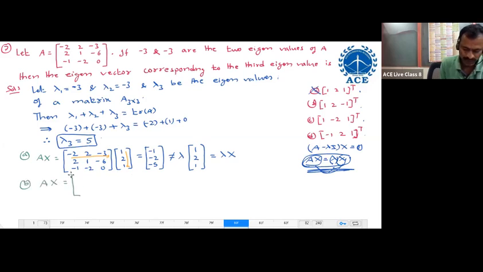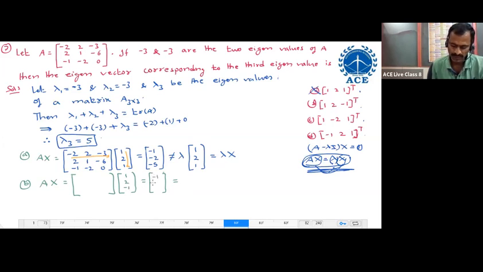Ax with the same matrix but a different vector, from option B: 1, 2, minus 1. Compared to the previous option, the difference is only the last element, so the last element will change.